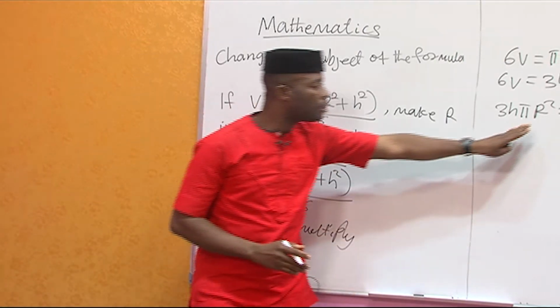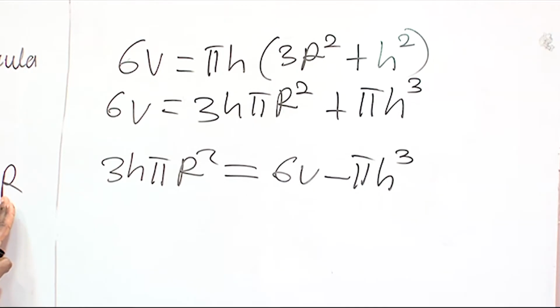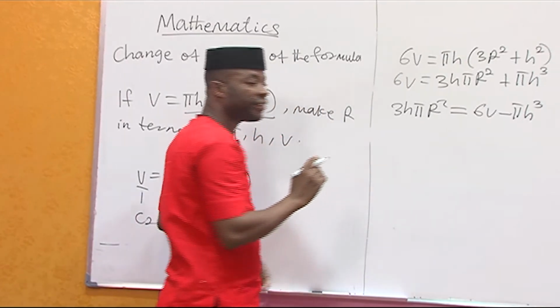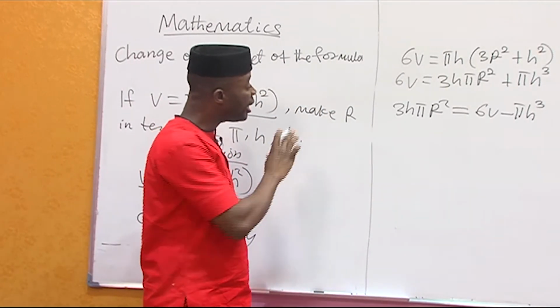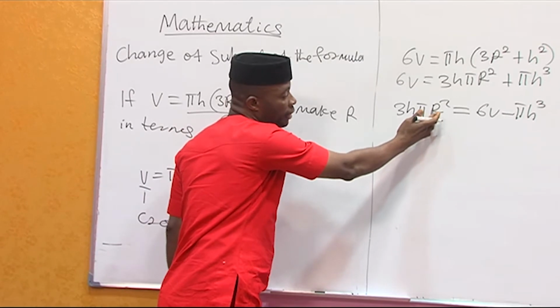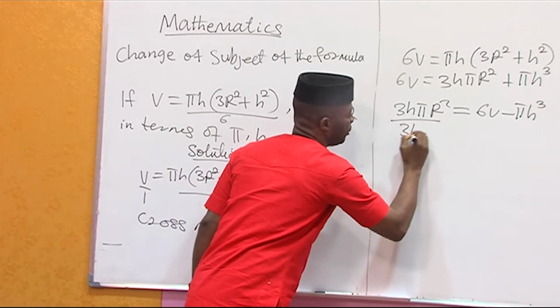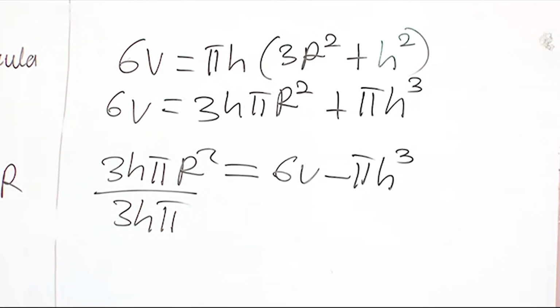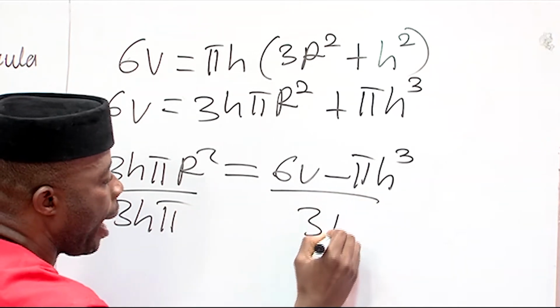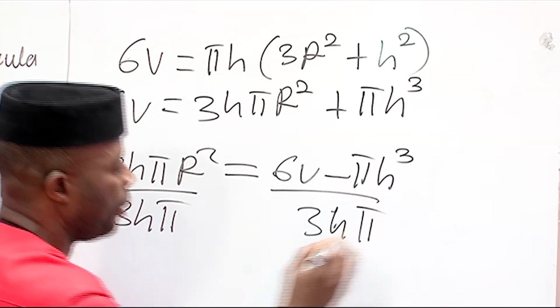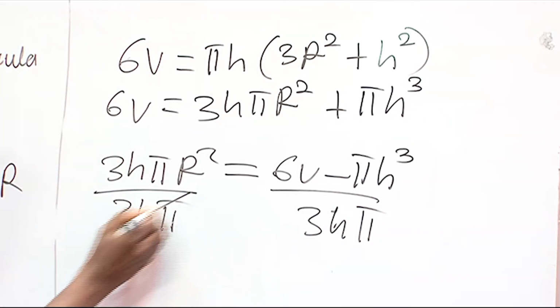Now we are making the capital R stand alone. So we divide by the coefficient of the capital R square. Divide by 3h pi, so this will cancel.